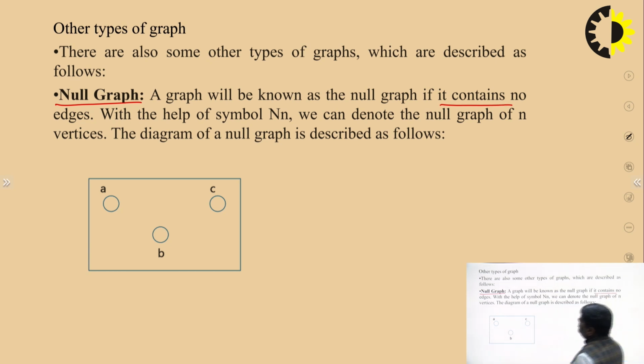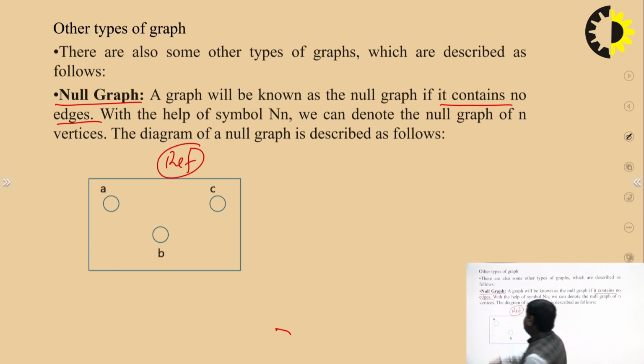A graph is known as a null graph if it contains no edges. If we explore how the different nodes are associated, A is not associated to C and A is also not associated to B. Only one relation is formed, that is the reflexive relation.